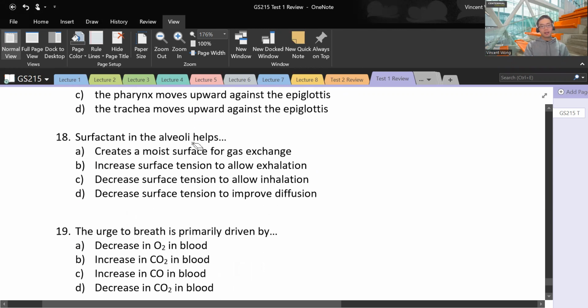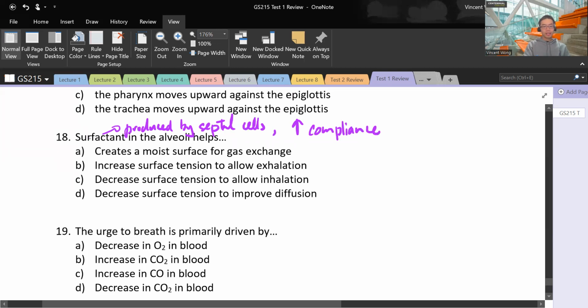Surfactant in the alveoli helps. Remember, the surfactant is produced by septal cells, and its job is to lower the surface tension. The more surfactant you have, the more you increase compliance, the expandability of the lungs.